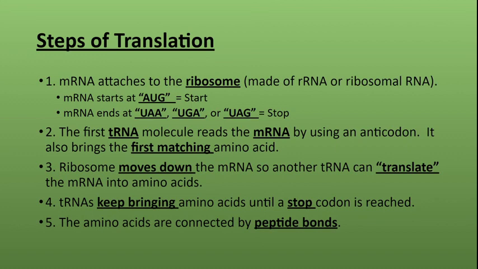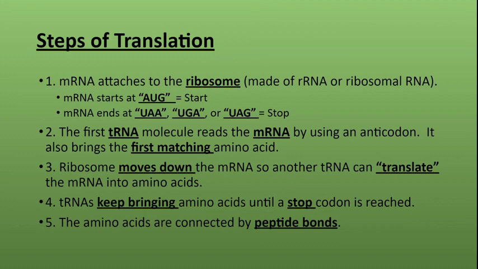The mRNA ends at UAA, UGA, or UAG. This is your stop codon. So you know that whenever you come to this, you cease production immediately, even though there are complementary base pairs to keep making codons. As soon as you see stop, you stop.